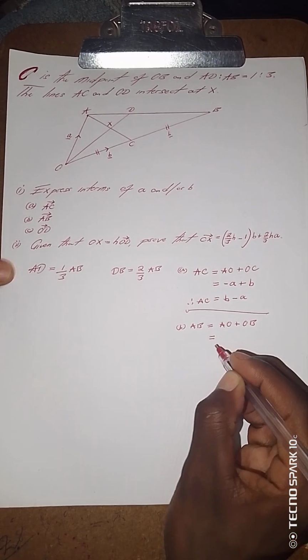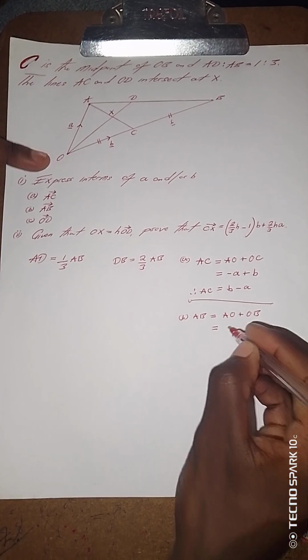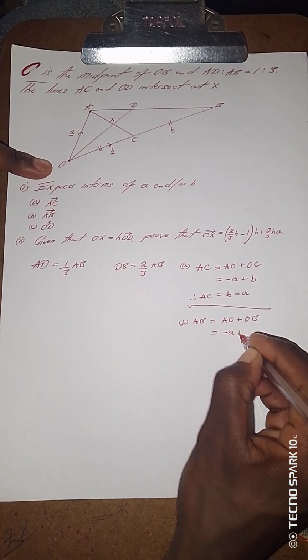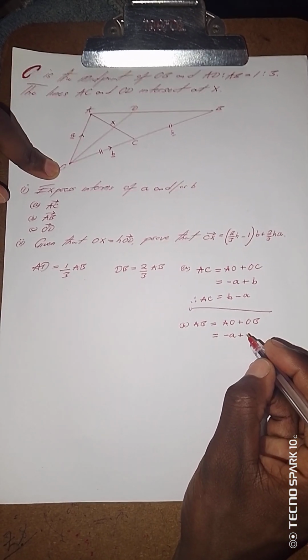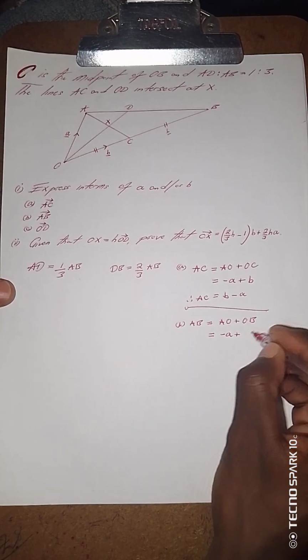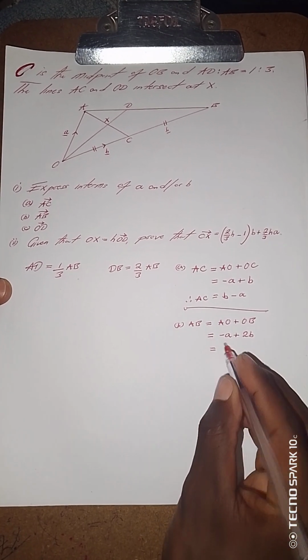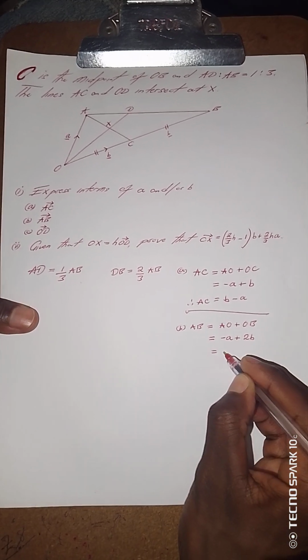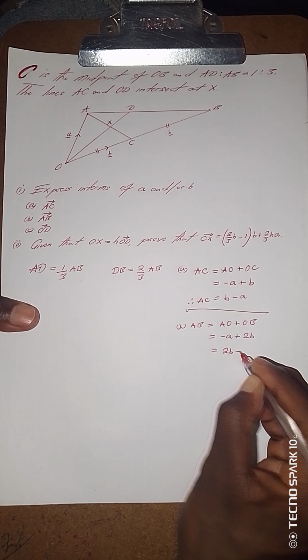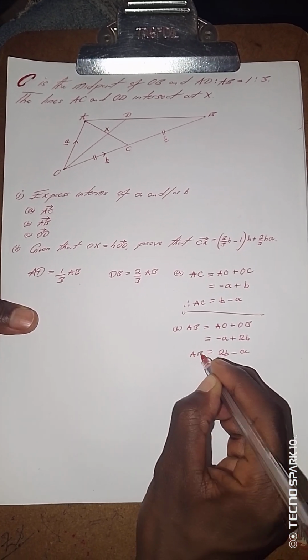So now let's put in the distances given. AO is negative a plus OB. Here we have b and we have b there. b plus b is 2b. Like I said, the negative one should be inside: 2b minus a. So this is the distance for AB.